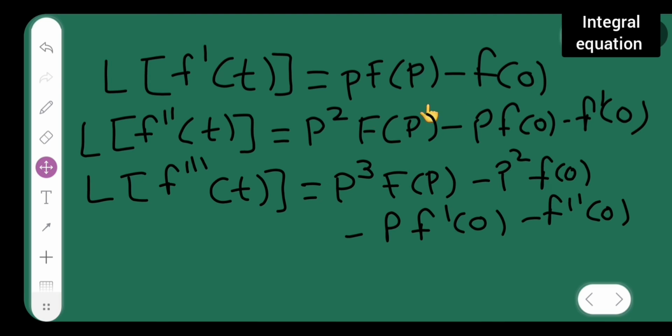Now second is Laplace of f double dash of t is equal to p square into F of p minus p into f of 0 minus f dash of 0. Laplace of f triple dash of t is equal to p cube into F of p minus p square into f of 0 minus p f dash of 0 minus f double dash of 0.